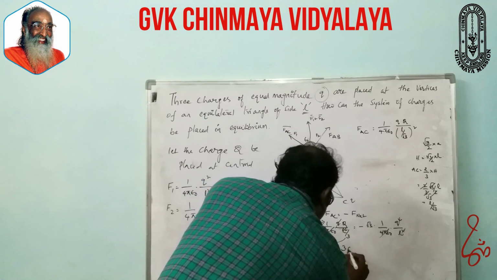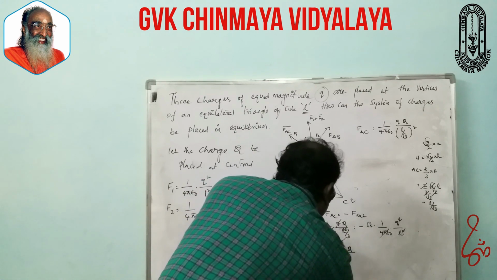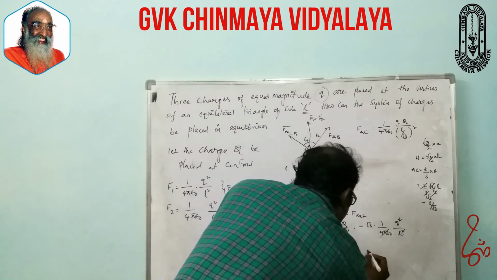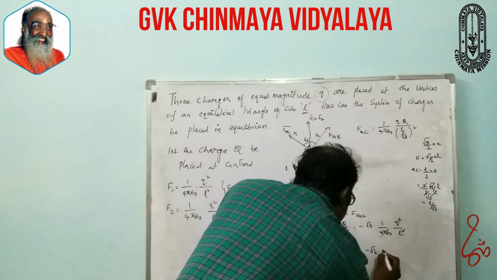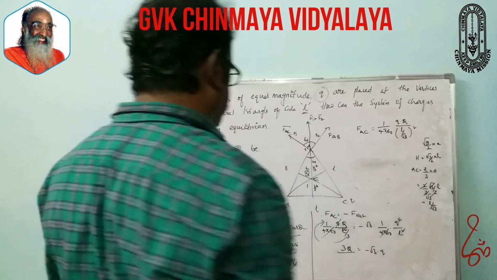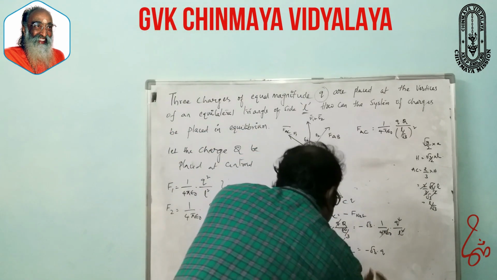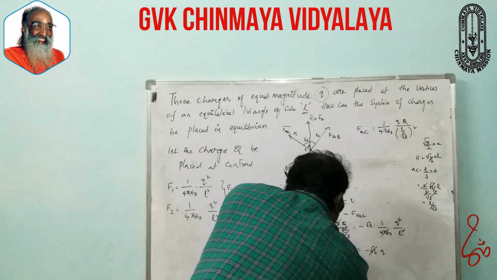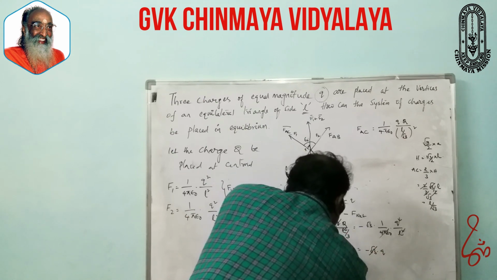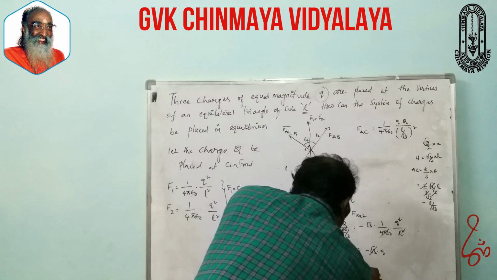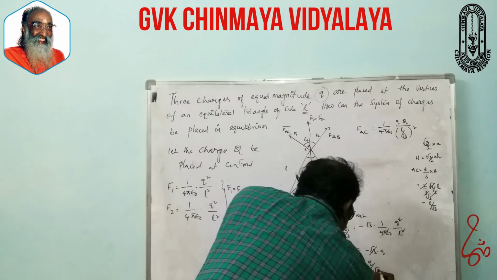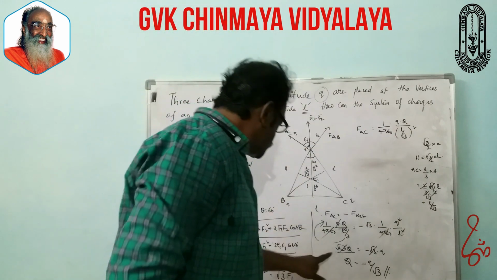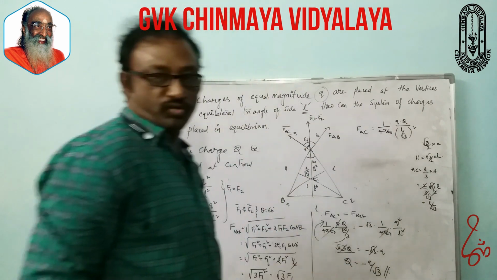So 3q is equal to minus root 3 Q, so q is equal to minus Q by root 3. So the charge you have to keep at the center is q equal to minus Q by root 3.